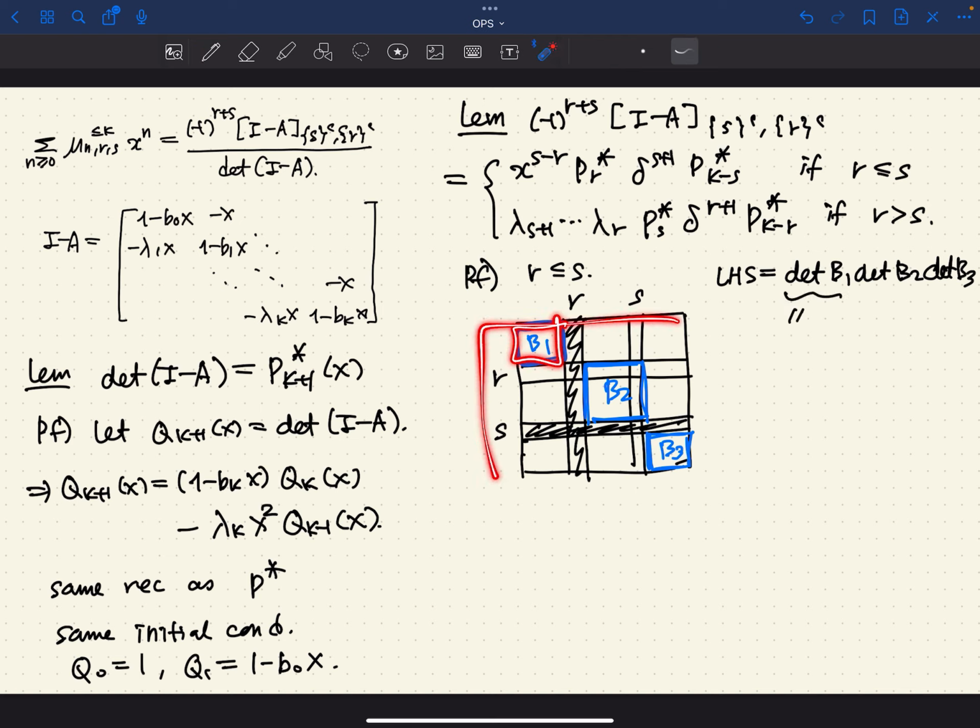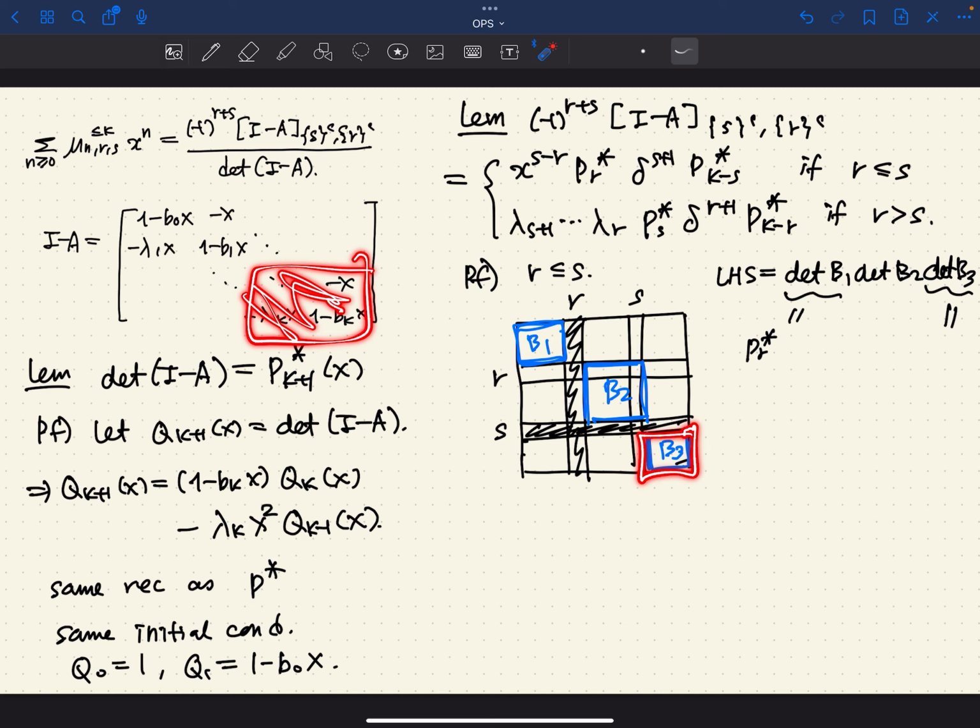This is exactly the same matrix, only of smaller size, so that's p_r star. And what about this? It's the exact same matrix with smaller size, but we have shifted all the indices by s plus 1, so it's delta_{s+1} p_{k-s} star.